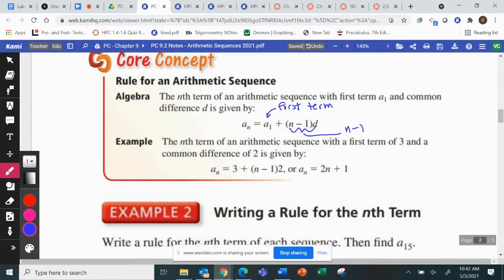The number term that you're sitting at. Or it could be how many terms total there are if the sequence ends. But yeah, which term number? Take away 1. So I'll just say 1 less than the term number. And then D stands for our common difference.